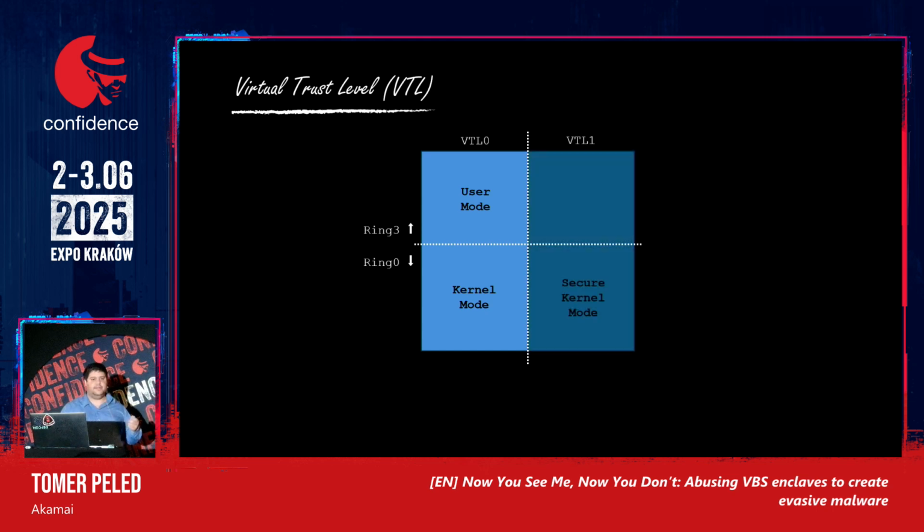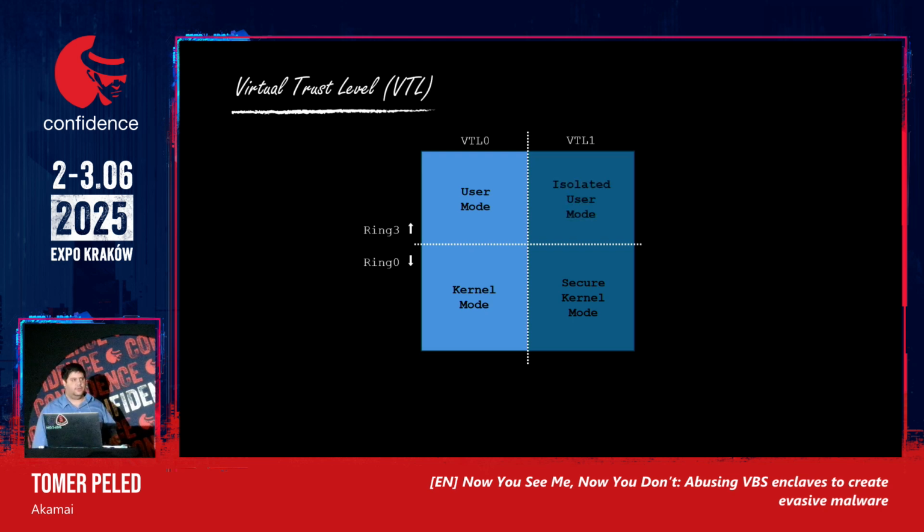VTL1 will contain the secure kernel mode, and more interesting for us today is the isolated user mode, because enclaves will run inside the isolated user mode. Since VTL1 is more privileged than VTL0, nothing from VTL0 will be able to interact with VTL1, including the kernel, and the isolated user mode inside VTL1 will be able to read and write anything it wants from the kernel mode.